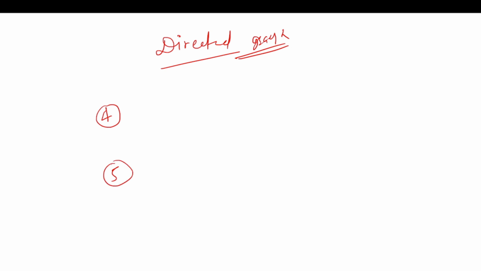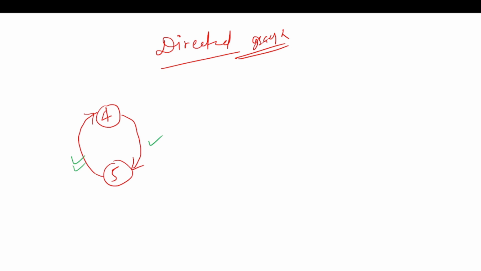So if a node has one direction like this, 4 to 5 or 5 to 4, this is called a directed graph, because we have given a direction. First direction is going here, another direction is going here. Means a graph which has an orientation, a direction, and that is why we say it's a directed graph.